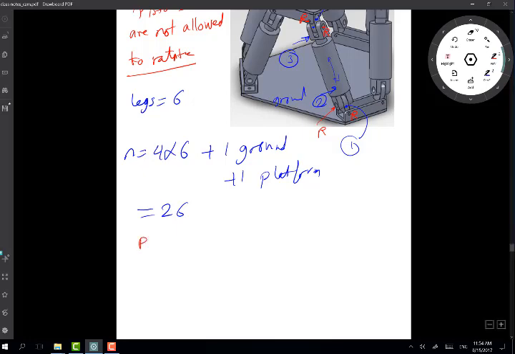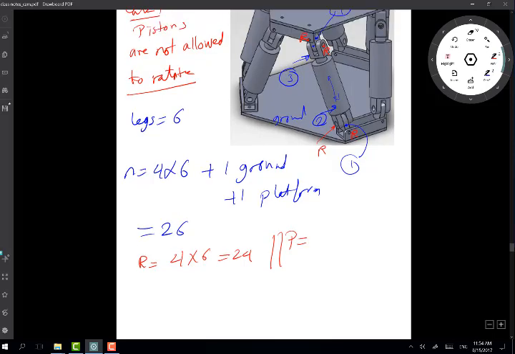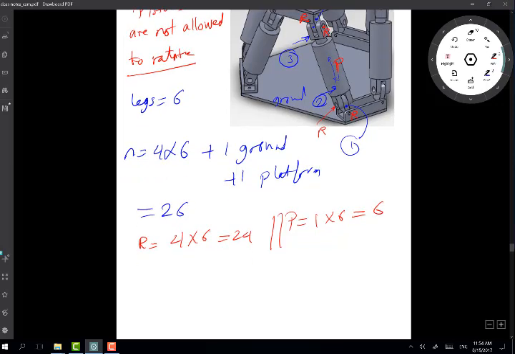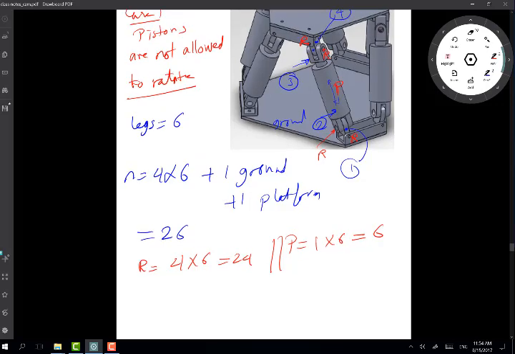So R is equal to 4 times 6 legs, that's 24. And now I have prismatic: 1 times 6 legs, because this is a prismatic joint, as I assumed there is no rotation allowed. So that's all I have in terms of joints and links.